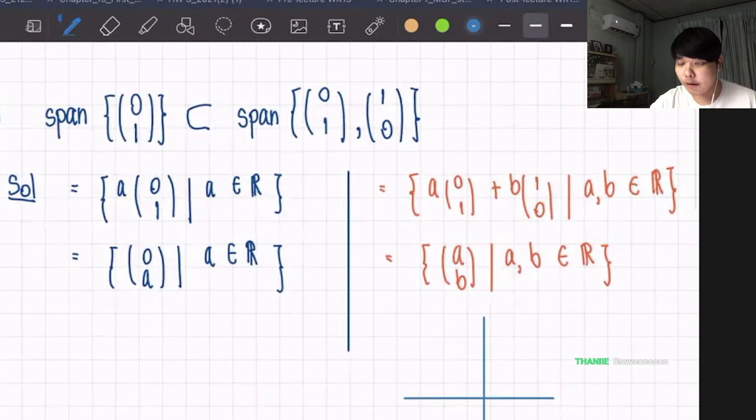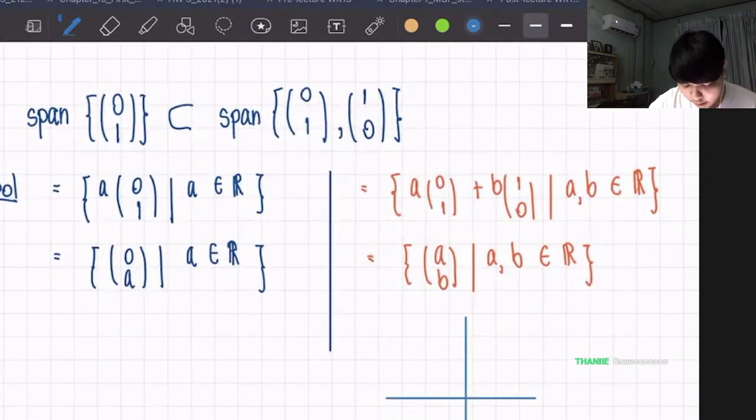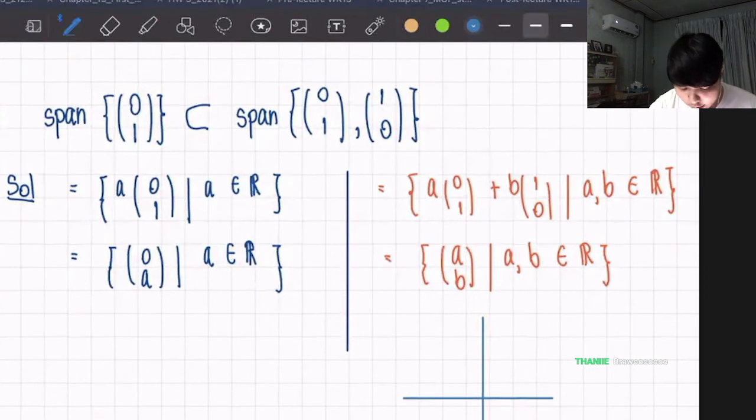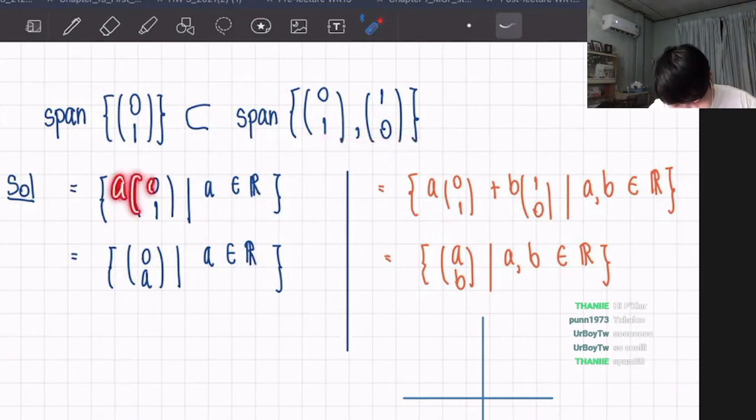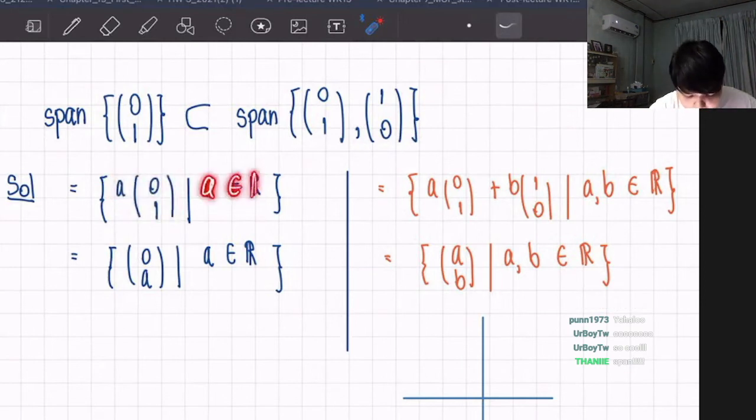Hello everyone, welcome to part 4.4, and let's go to the first question. The span of the vector 0, 1 is a subset of the span of 0, 1 and 1, 0. First we have A times 0, 1, where A is a real number, and we have the vector 0, A, where A is a real number.